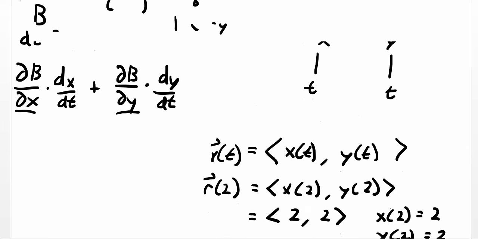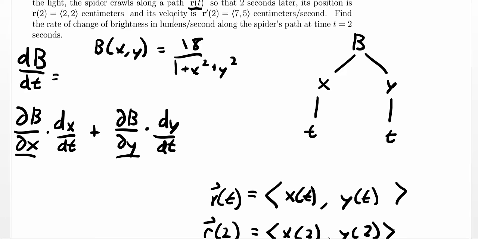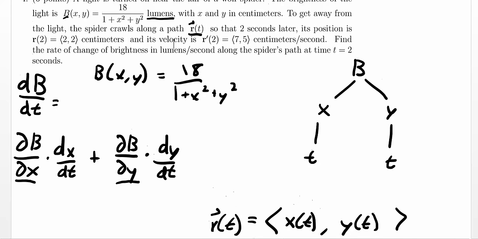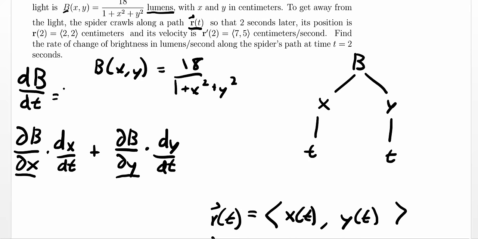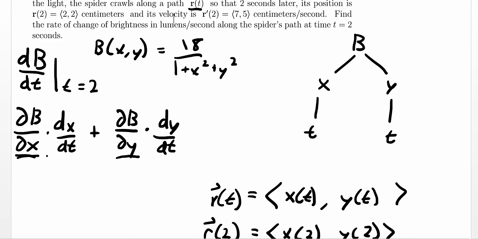So we're trying to find dB/dt, which is going to be given by this formula. We don't need an explicit formula, we just need to know dB/dt at time equals 2, which means that we have to evaluate this quantity at time equals 2.